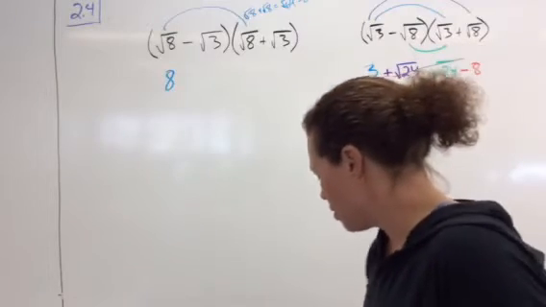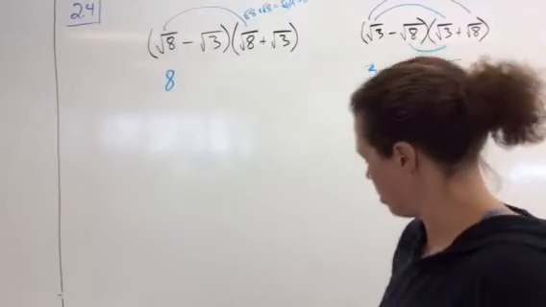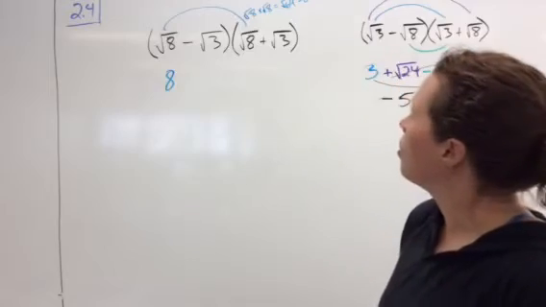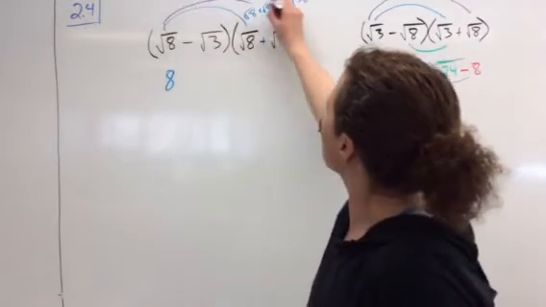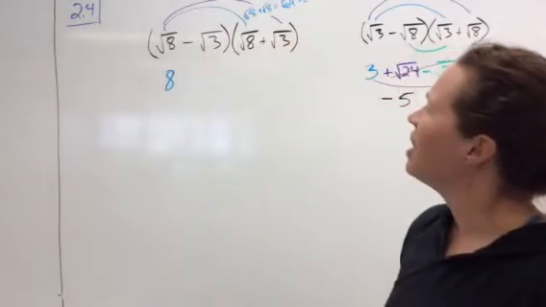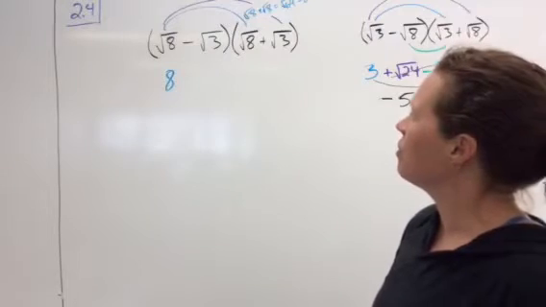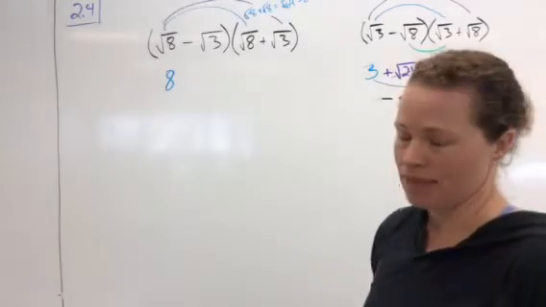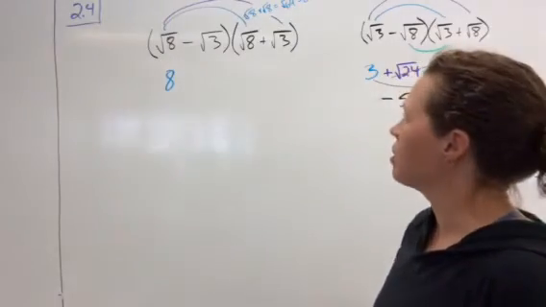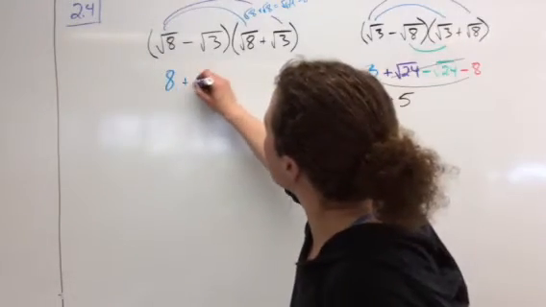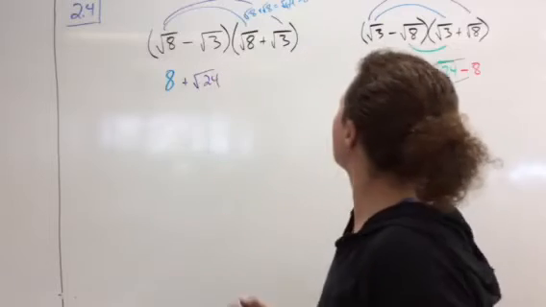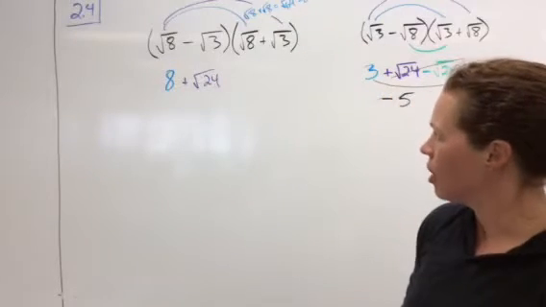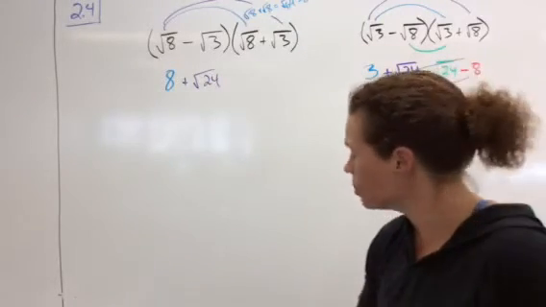Okay? So for my last one then, or my outside, sorry, negative root 8 times root 3 gives us root 24. So we've got a positive root 24 there.